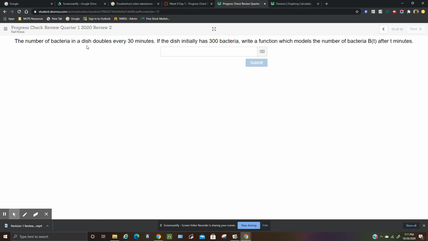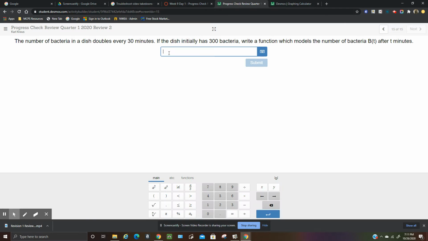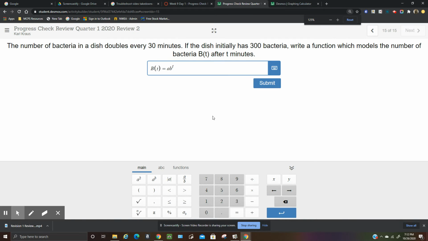And then this one, here's the model, b of t equals a b to the t. So a is the initial value. And that's 300.